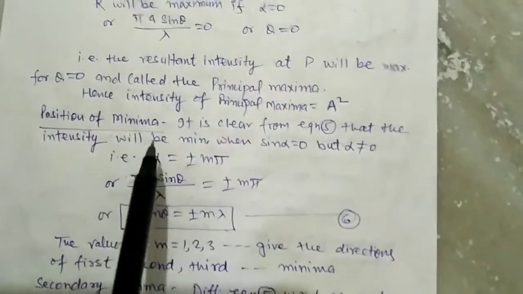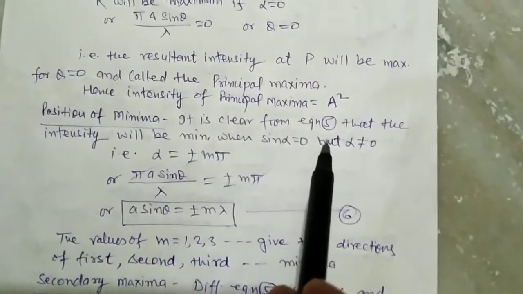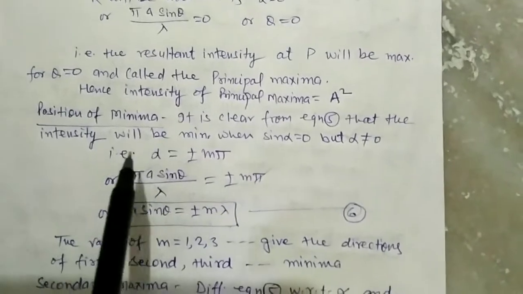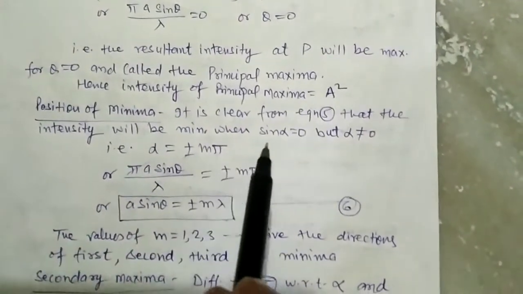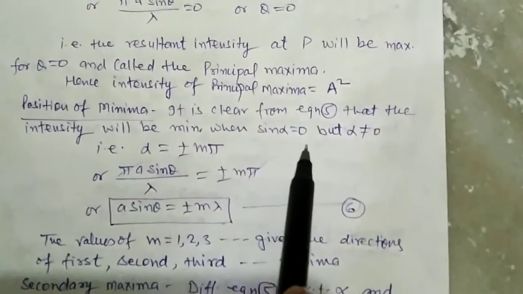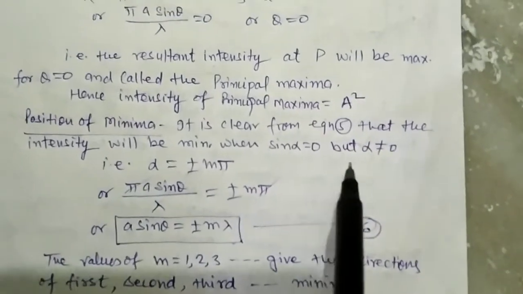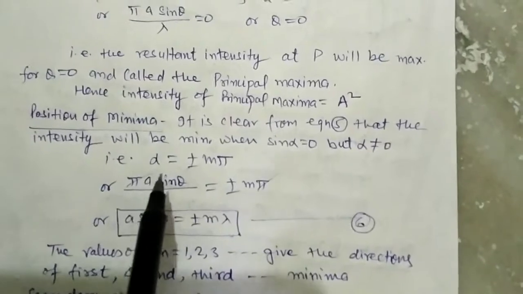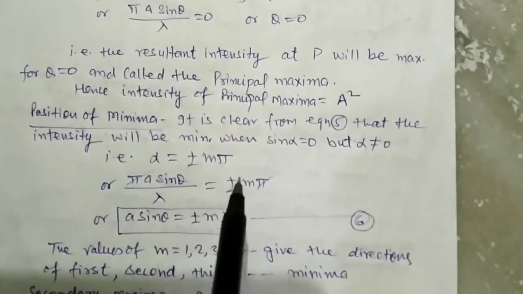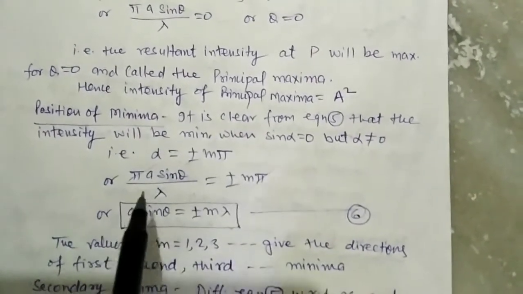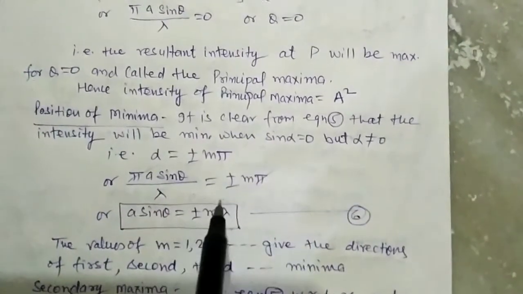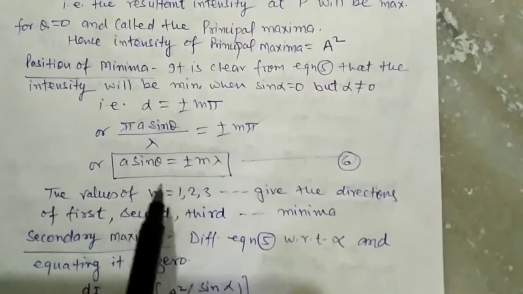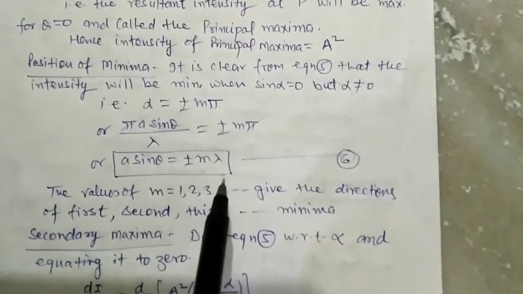Further, position of minima. It is clear from equation number 5 that the intensity will be minimum when sin alpha is equal to 0 but alpha not equal to 0. That is, alpha is equal to plus minus m pi, or pi a sin theta upon lambda is equal to plus minus m pi, or in general a sin theta is equal to plus minus m lambda.